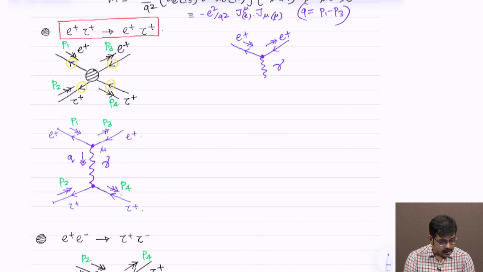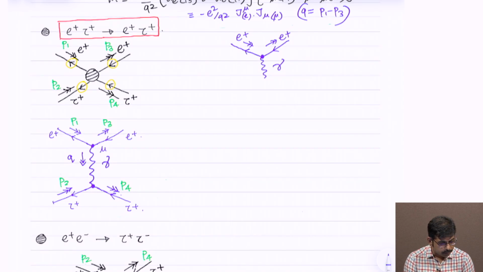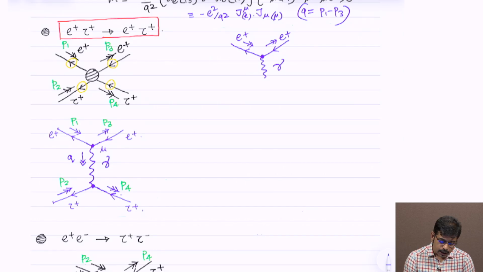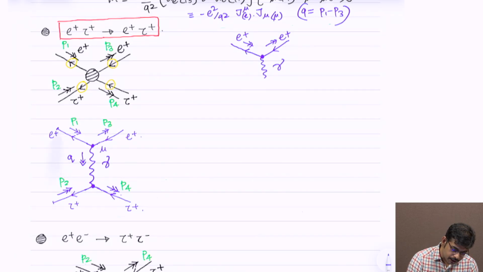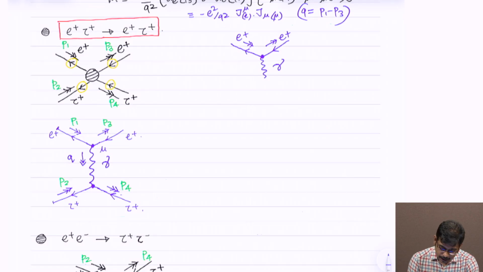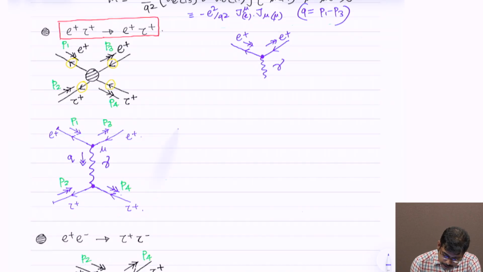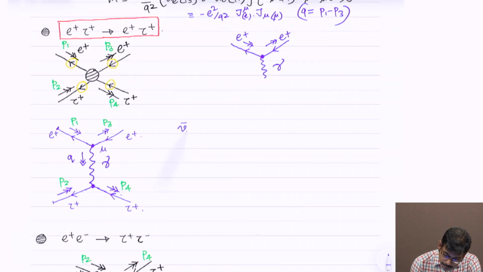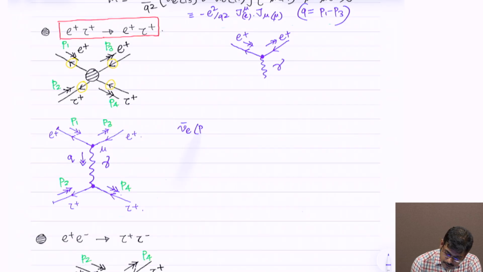Now, let us try to write the amplitude for this particular process, right. Here you remember that whenever you have an initial state antiparticle, it is defined by what? This will be defined by v̄_e(P1), right.